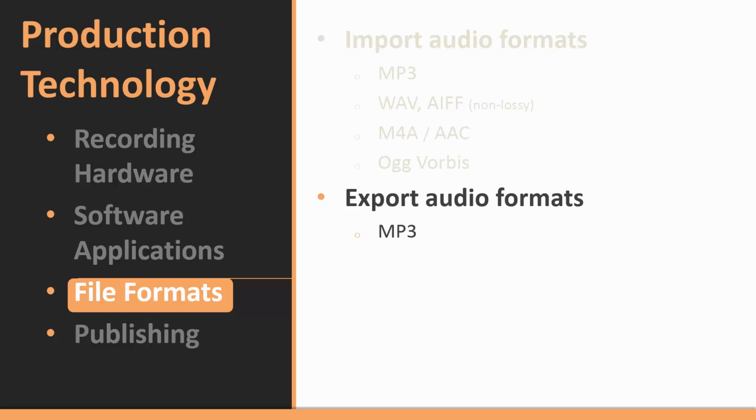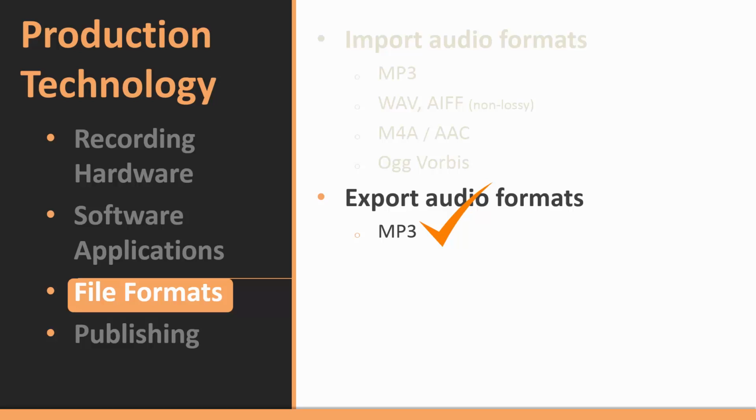Now, the good news is no matter what you import into your audio editor, MP3 is still right now the preferred export audio file format. So there's significant agreement on what you export from your editor. That's great news. So no matter what we bring in, we can edit it, stitch it together, compose it whatever way we want.